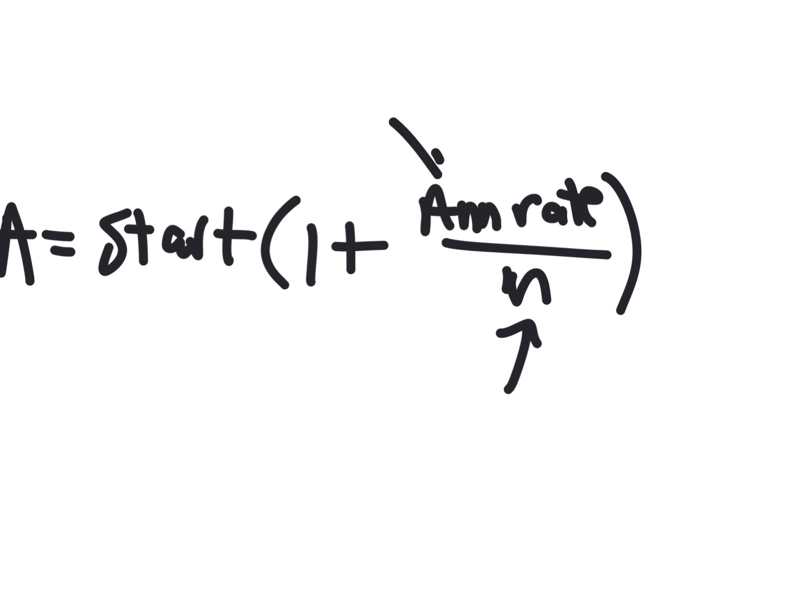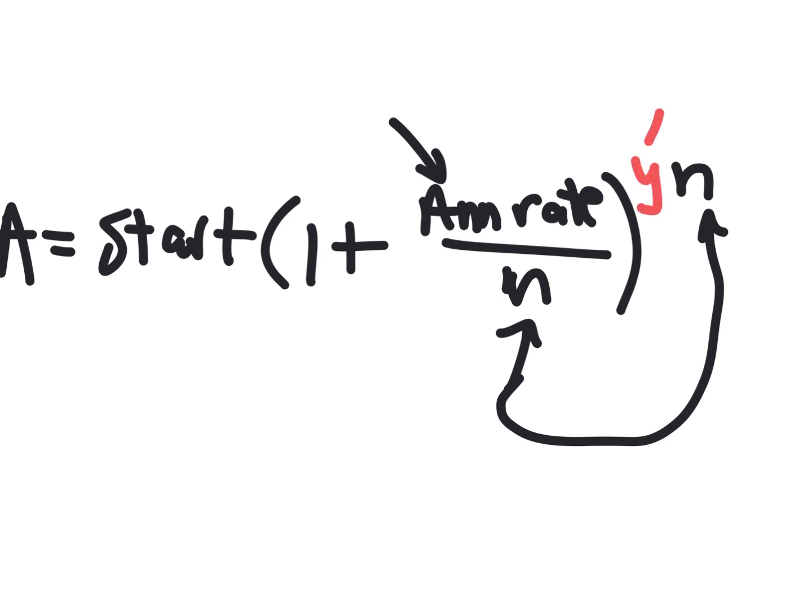The top one is the annual rate. Always put the annual rate there, and it gets divided up by different n's. And then the n is also up here, so these 2 n's are exactly the same. And then I'm going to put a y right here, because to me that makes sense. That's years. It could be any variable you want right there. Okay, so there's the formula.